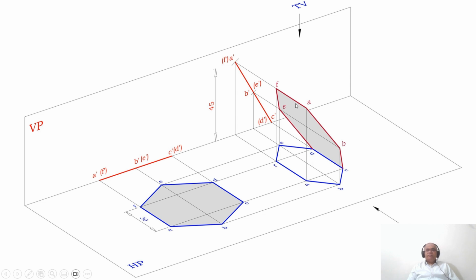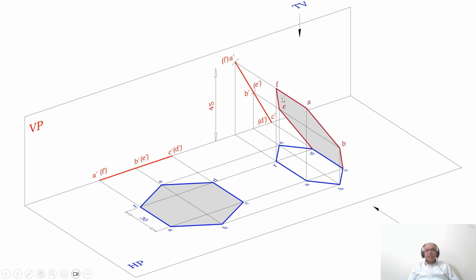As we are rotating this in space, what happens to the image? The image will be rotated in the front view. So how does it do that? We are rotating this particular line such that A dash F dash will become 45 mm above HP. Till such a distance you will be able to rotate.